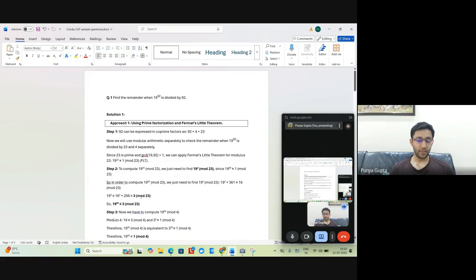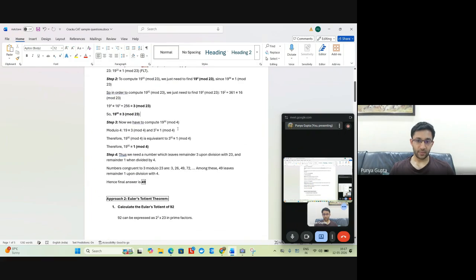Now let us find the remainder when we divide by 4. So what we need to find now is the remainder when 19 raised to the power 92 is divided by 4. This is also straightforward. 19 gives us remainder 3 when divided by 4, and 3 square gives us remainder 1 upon division with 4. So 19 raised to the power 92 is equivalent to finding the remainder when 3 raised to the power 92 is divided by 4.